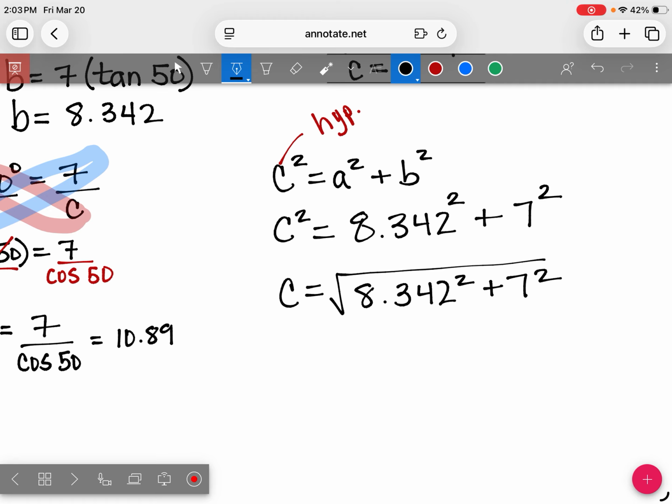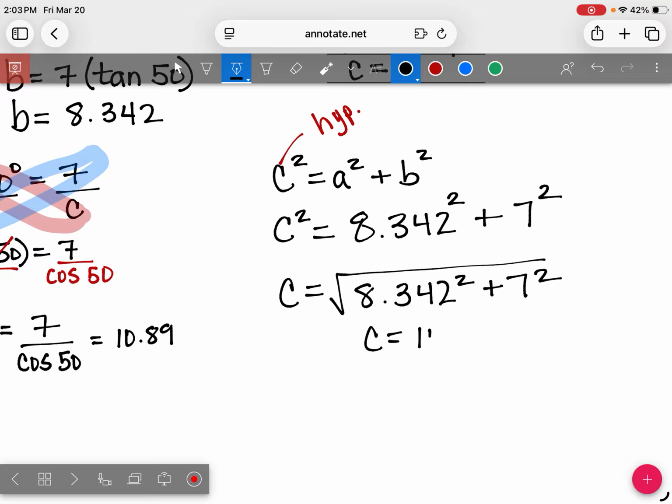You should still get 10.89. Did you get 10.89? I know it's 10.8898, but we're going to round that to 10.89.